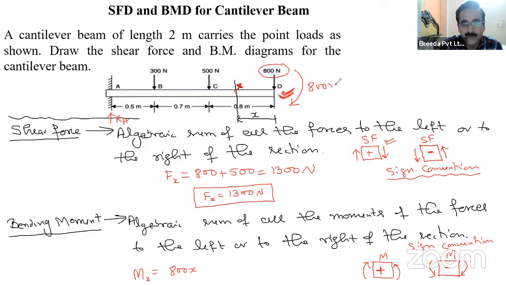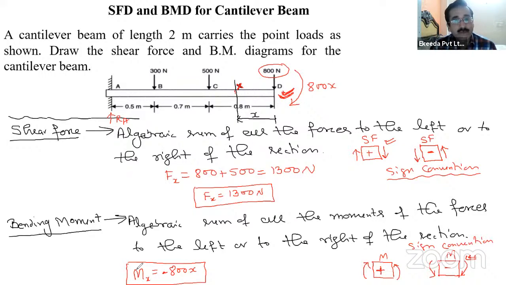So it is clockwise to the right of the section, and clockwise to the right of the section is taken as negative, right? So this is negative, minus 800x. So this is how we find out the shear force and bending moment at a section, right?